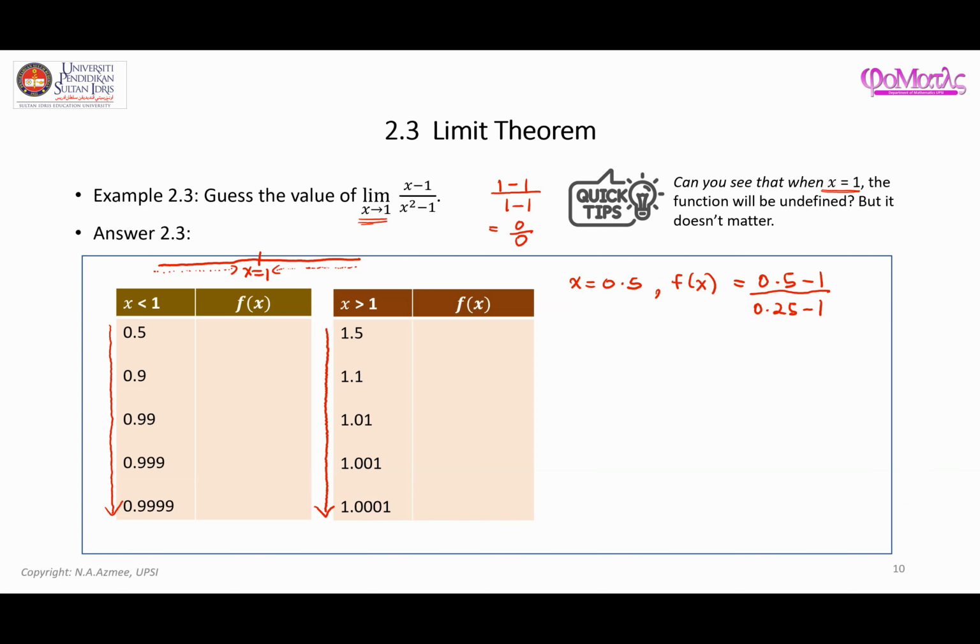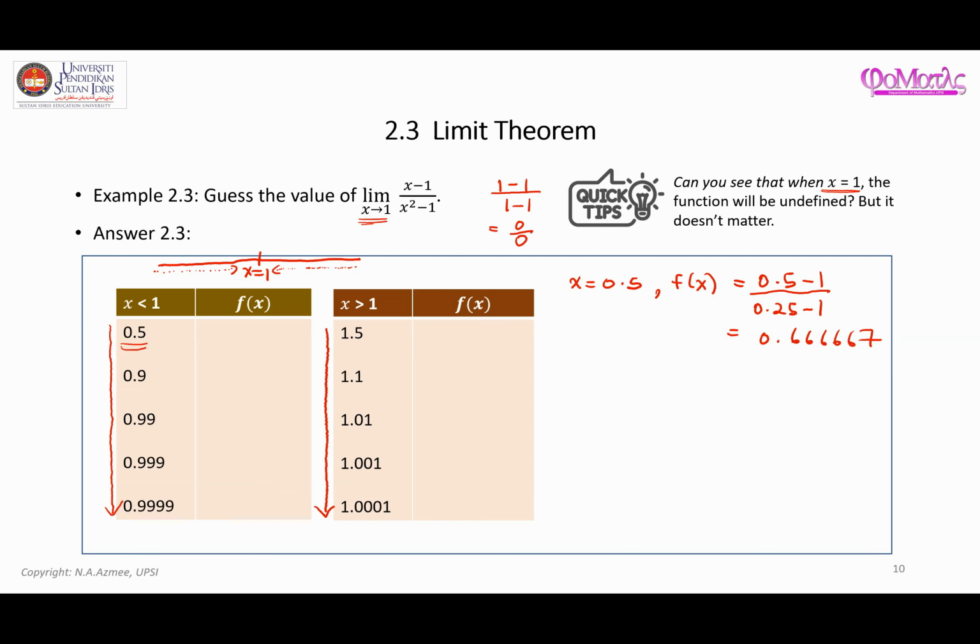So this will give you the result of positive 0.666667. So try to retain as many decimal points as possible. I think 6 decimal points is enough. So that is for x equals 0.5.